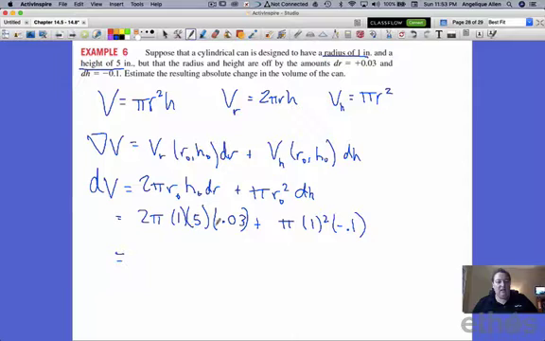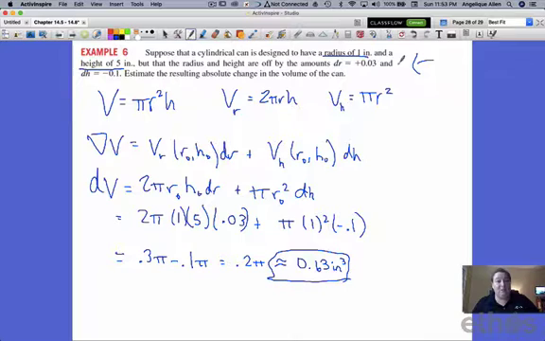This is 10 pi times 0.03, so 0.3 pi. And this is negative 0.1 pi. All right, so this is 0.2 pi, or approximately 0.63 inches cubed.